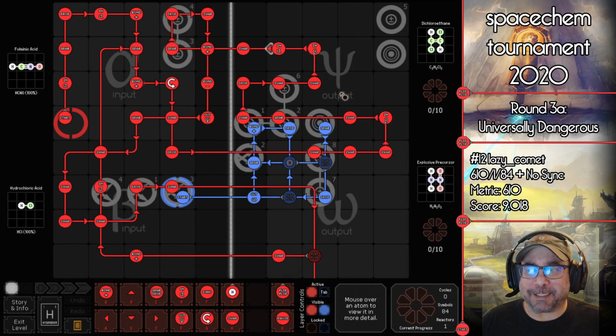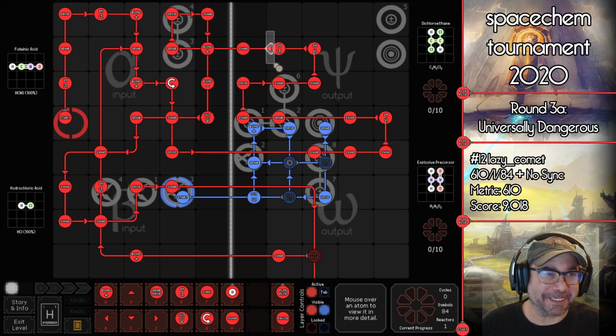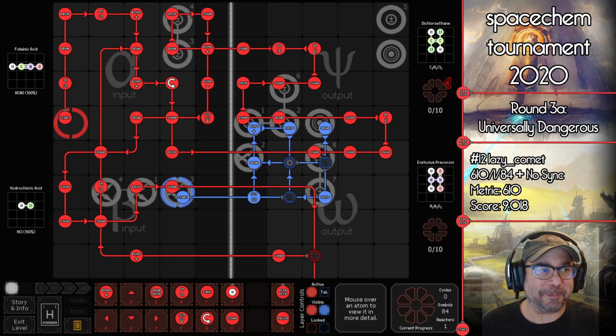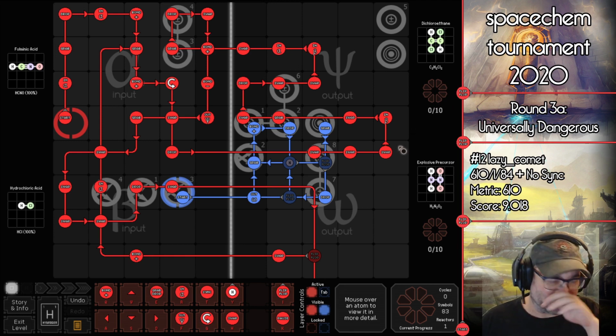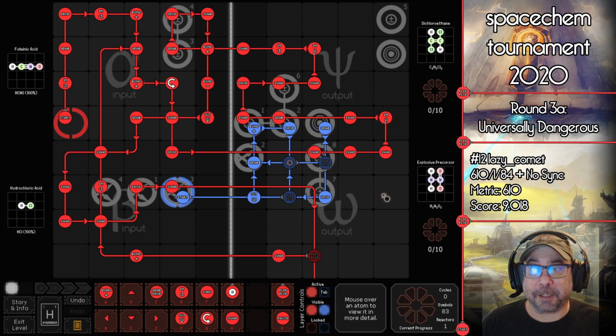Next solution is by Lazy Comet for 12th place. Let's go take a look at it. First thing you'll notice is the highlighted symbol, which is a dead arrow. Gotta get the callouts in as always. This one, you mean? Yeah. I think Lazy Comet avoided getting caught on the tiebreak, but actually no, he did get caught on the tiebreak.